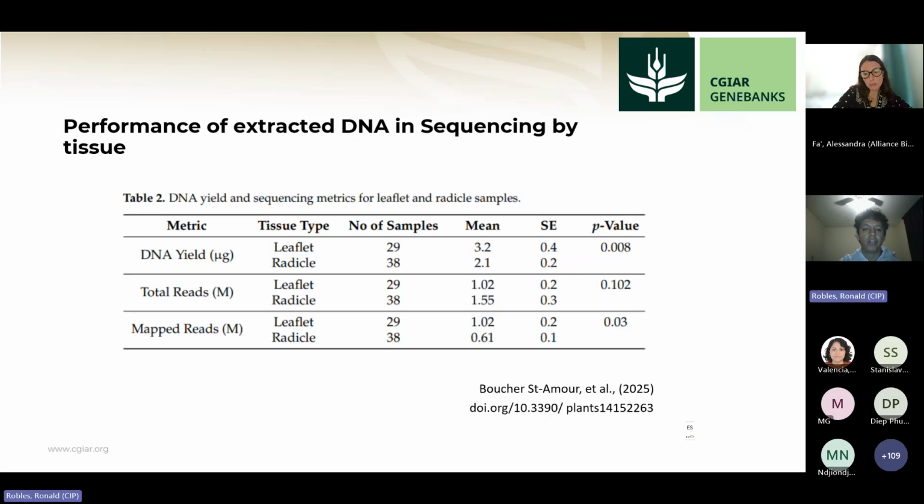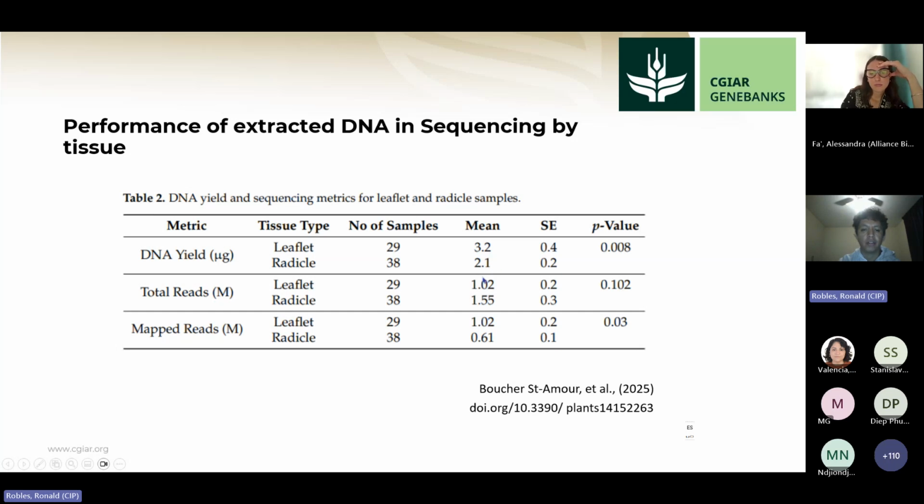In this other table, we will see that not only the DNA amount is what we need to look at, because here we have a comparison of the amount of DNA that was produced by leaves and from roots. In the first results, we see here that yes, the leaves produced more DNA, 3.2, it's a mean, versus 2.1 in the root derived tissues.